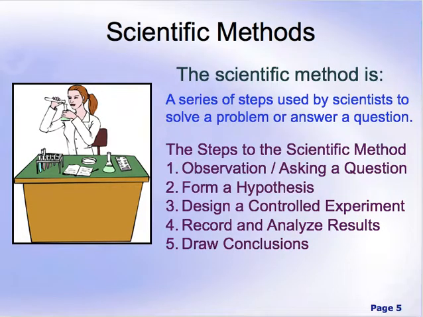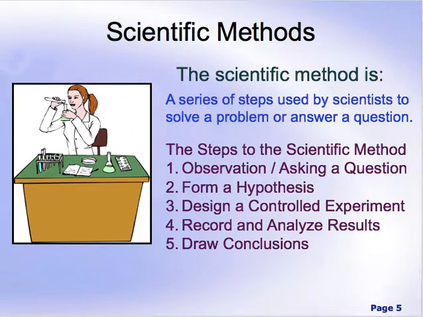So the scientific method is a series of steps used by scientists to solve a problem, answer a question. We observe, we ask a question, why does this happen? What's going to happen when we put enzymes in with a substrate? Then we're going to form a hypothesis to kind of say, we know this is how it's supposed to work, and then this is what we're going to see.